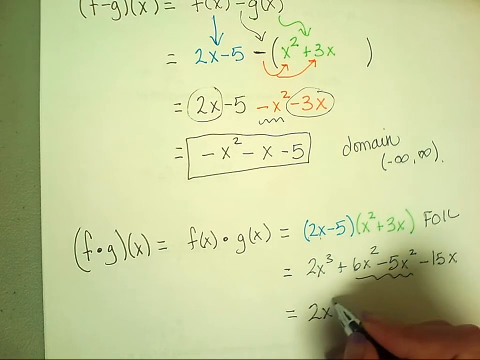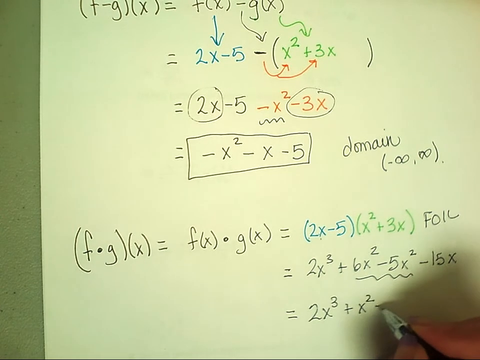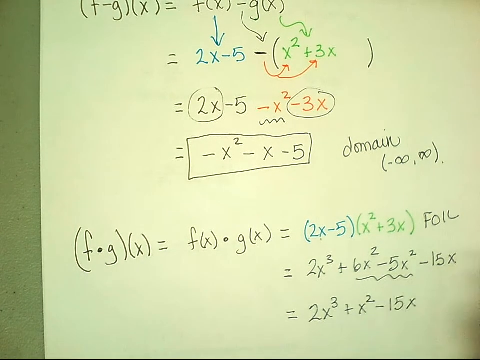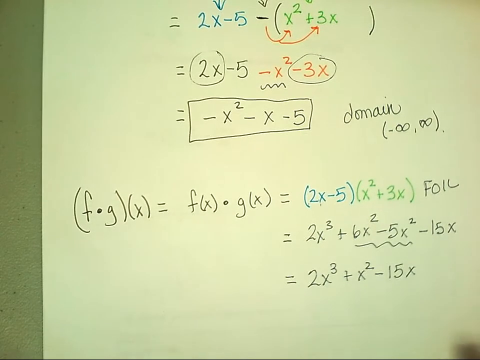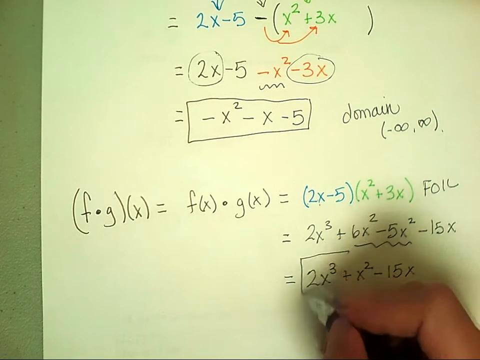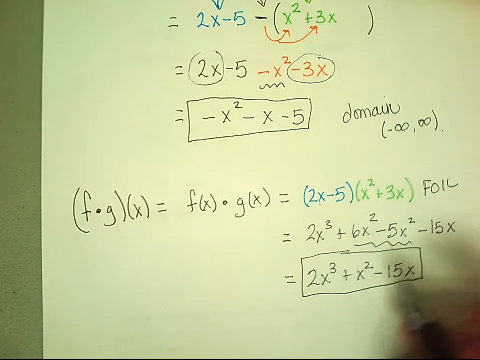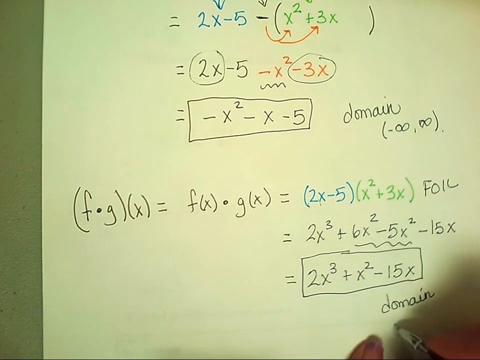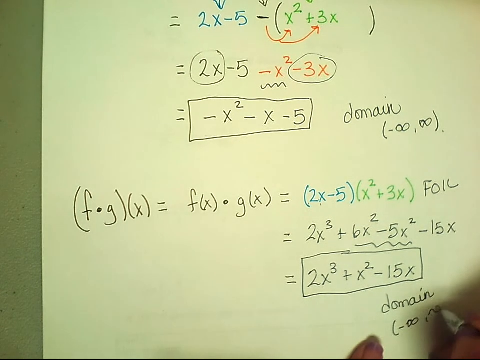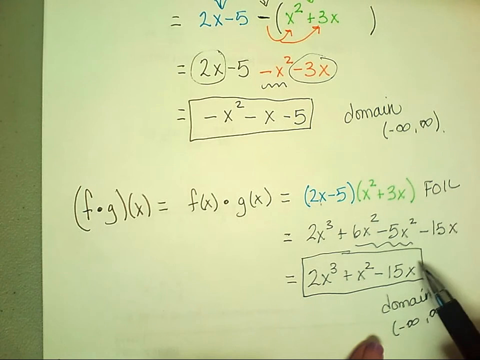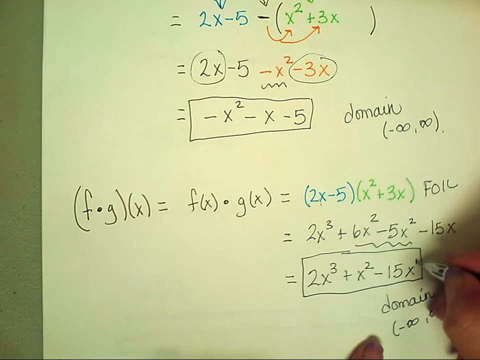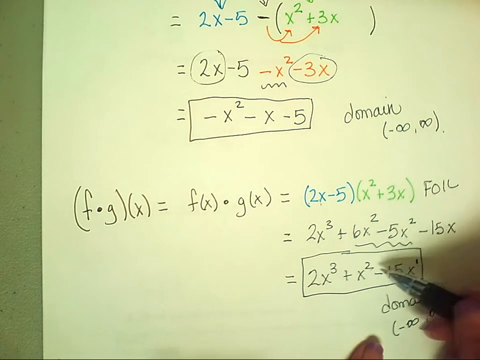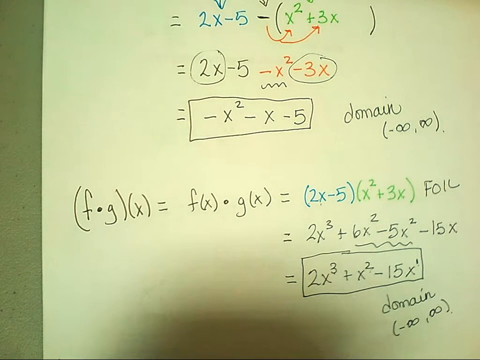So our new resulting function is 2x cubed plus x squared minus 15x. This is f times g of x. It is a polynomial, and its domain then is all real numbers. Okay. It's a polynomial because all of the exponents are 0 or positive integers.